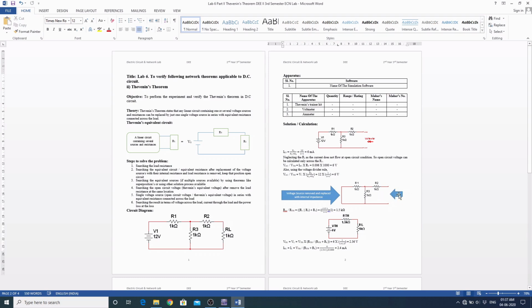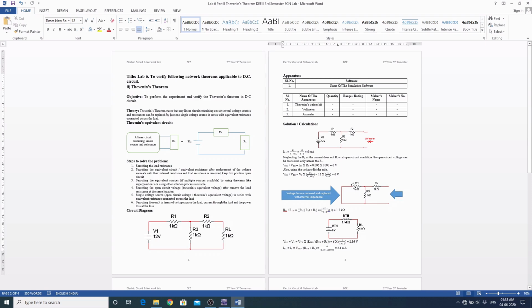So if we look from this side, then R1 and R3 are in parallel, and this is connected in series with R2. Whenever the equivalent resistance needs to be found out, we have to look from the load resistance side, which was connected here, and start our calculation from the opposite side.